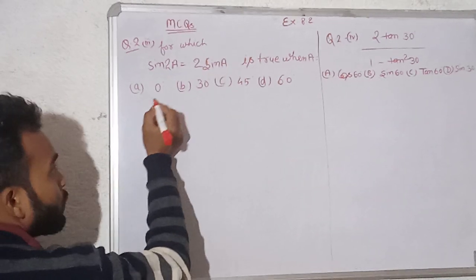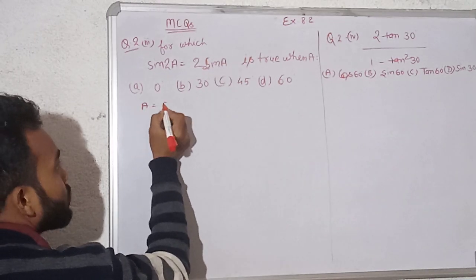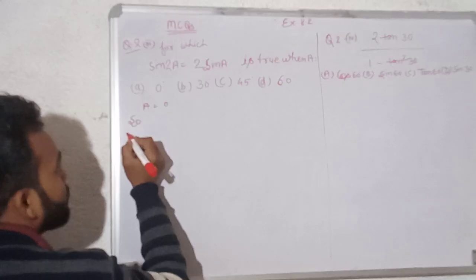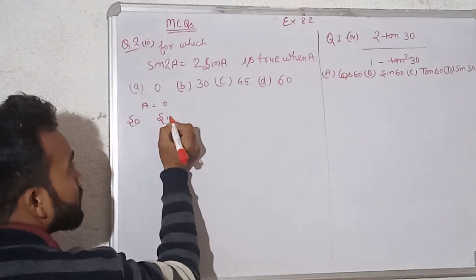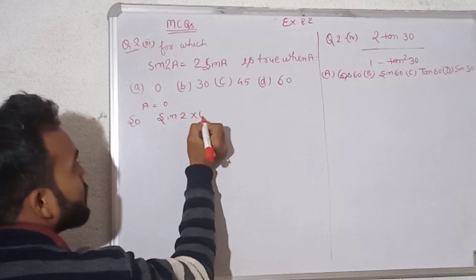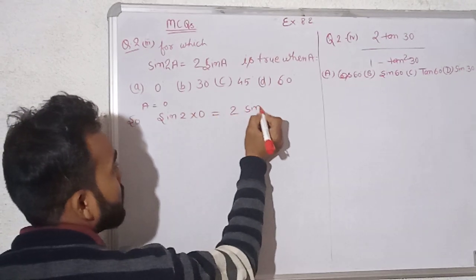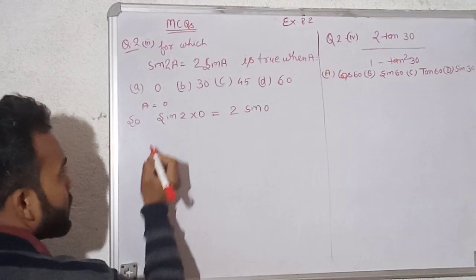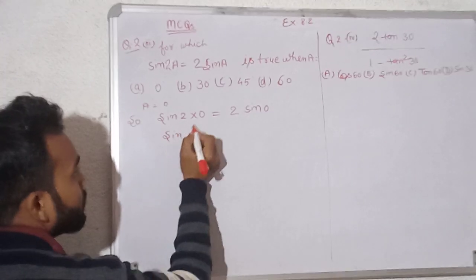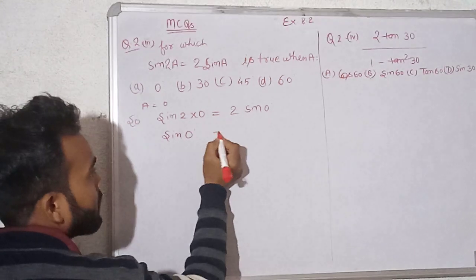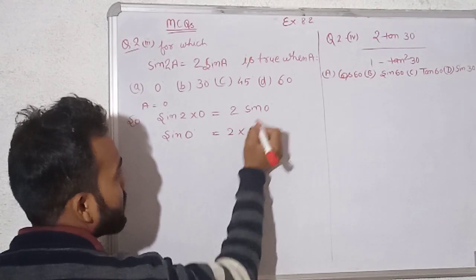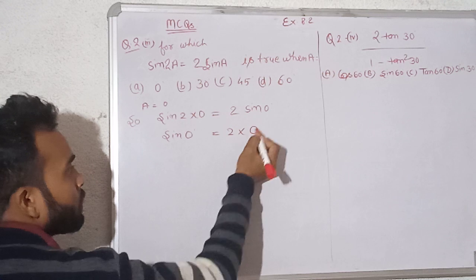So first we put angle A equal to 0. So sin 2 multiplied by 0 is equal to 2 sin 0 degree. So it will be sin 0 degree is equal to 2 into sin 0 is equal to 0.